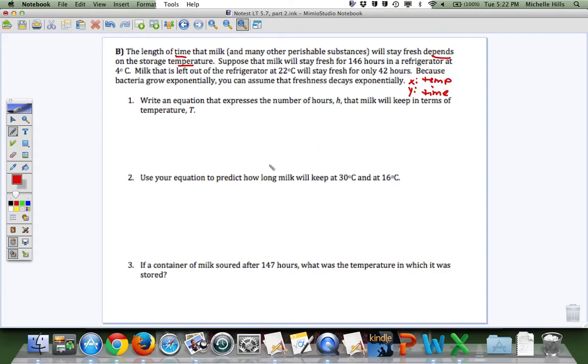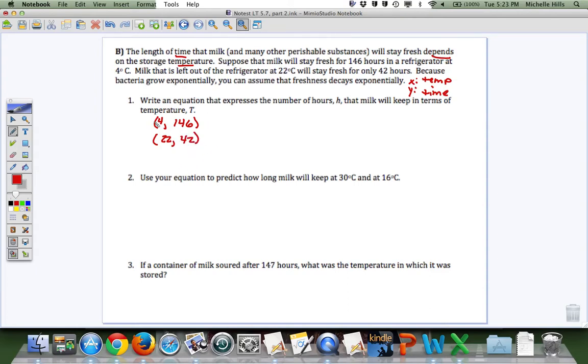If they didn't tell me that, I wouldn't know which way to put that, but you know from science and from math, y is your dependent variable. So I have two ordered pairs. The first temperature, because x is temperature, is 4, and the time that goes with that is 146. The second temperature is 22 degrees, and the time that goes with that is 42.